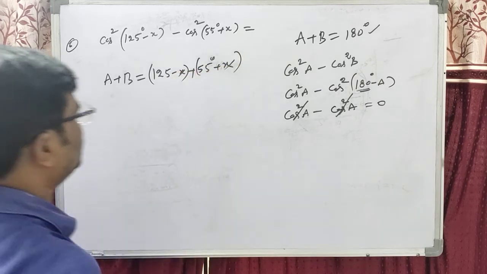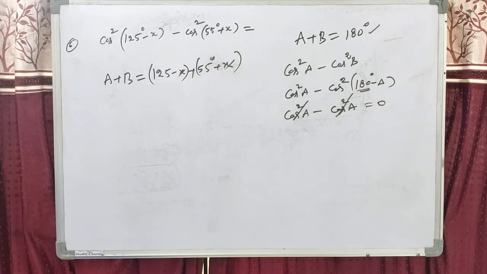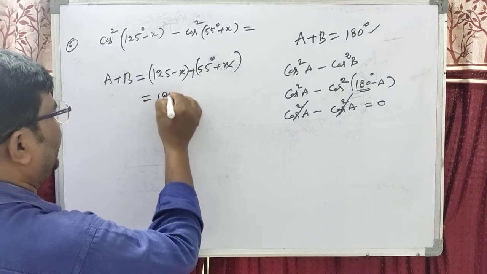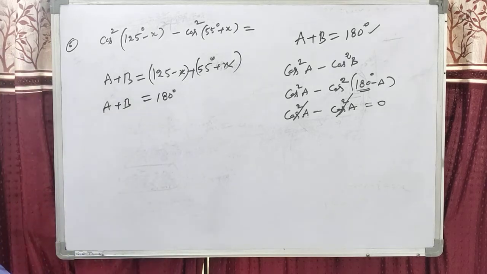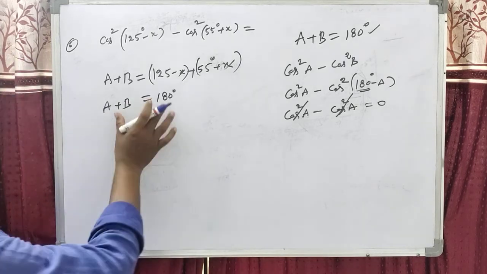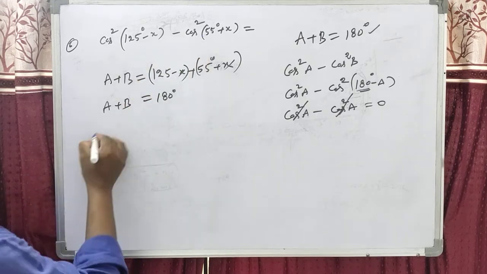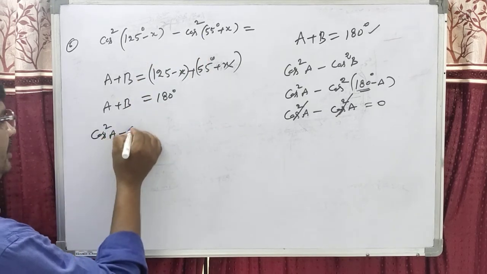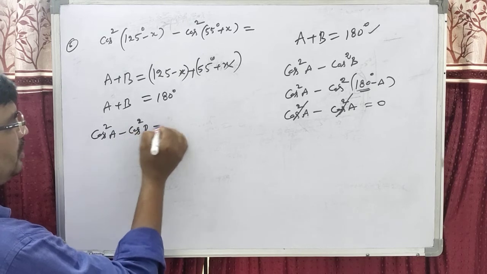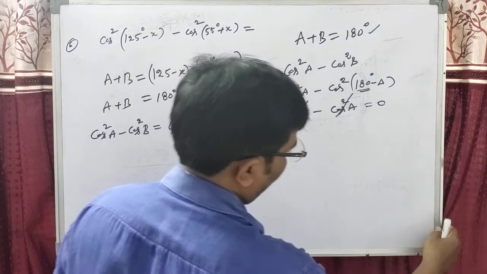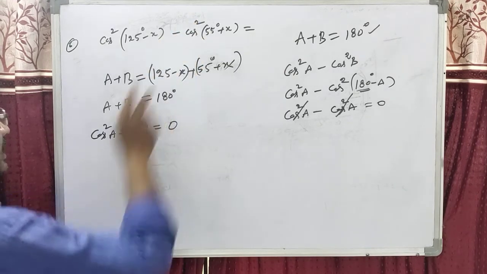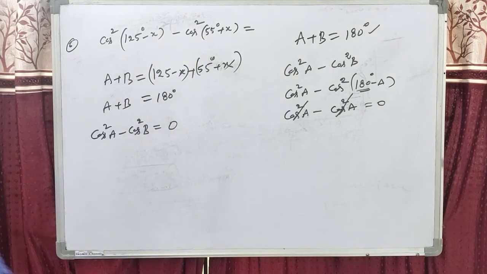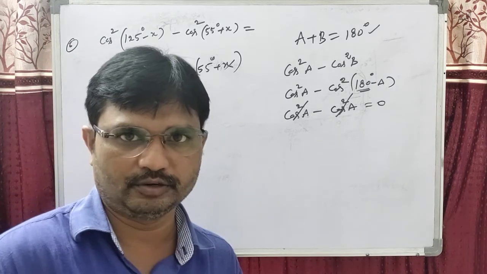Okay, these are cancelled, students. 125 plus 55, this is 180. The sum of the angles A plus B equals 180 degrees. Dear students, when the sum is 180, you can write directly that cos square A minus cos square B is 0. Okay, students?